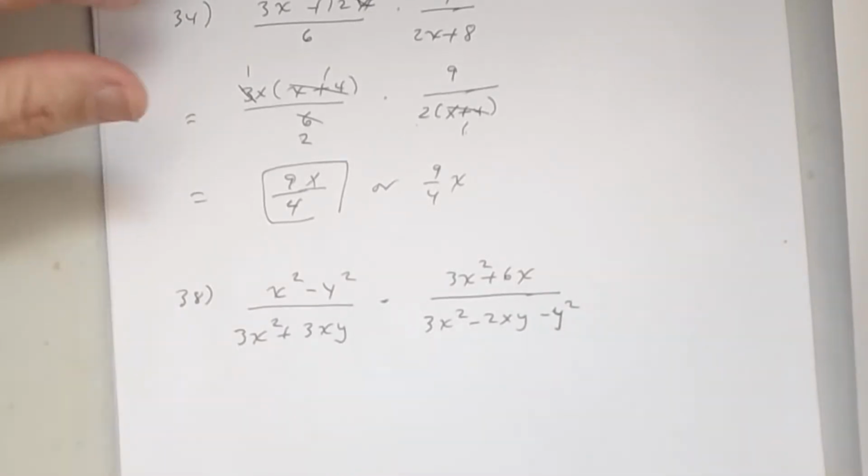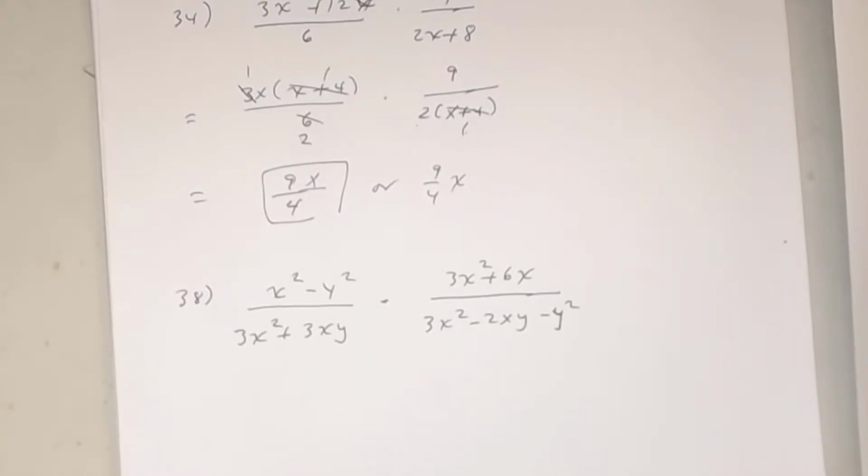That's a y. So x squared minus y squared divided by 3x squared plus 3xy, that's that first rational expression. The second one is 3x squared plus 6x divided by that trinomial, which is 3x squared minus 2xy minus y squared.